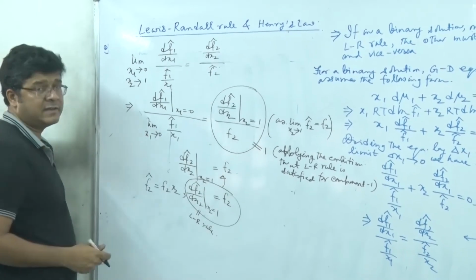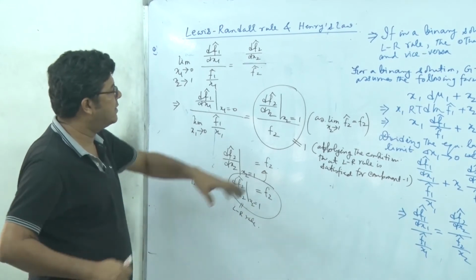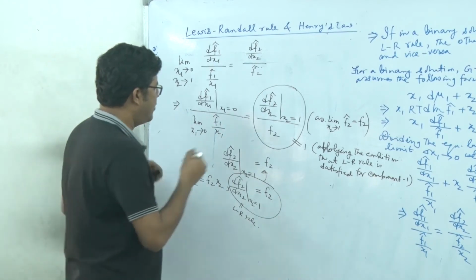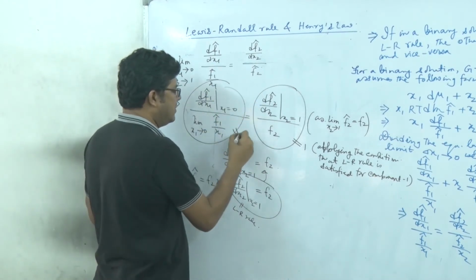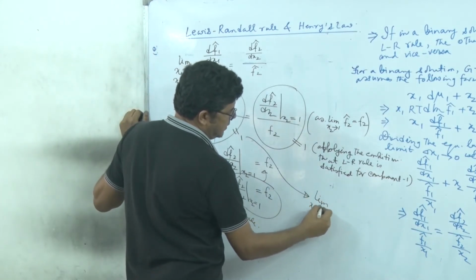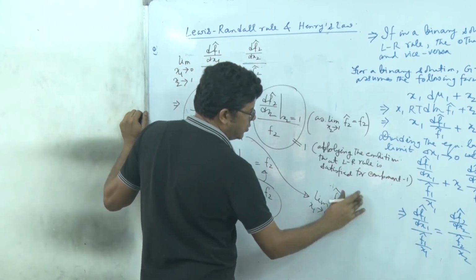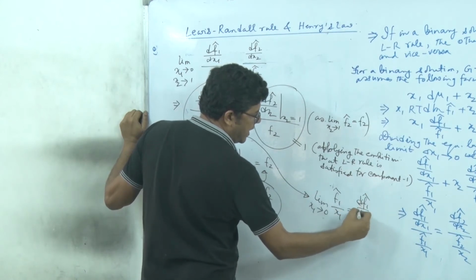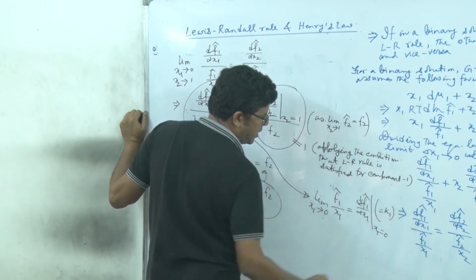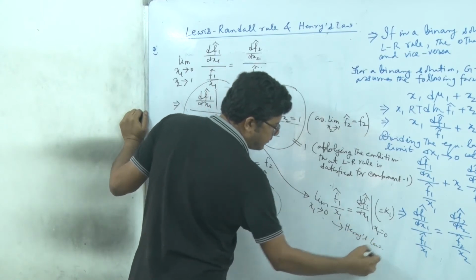So if the RHS is equal to 1, which alternatively indicates that component 2 is satisfying this LR rule, so obviously component 1, this will also be equal to 1. And what does it mean? It means that limit x1 tending to 0 f1 cap by x1 is equal to df1 cap by dx1 at x1 equal to 0, and by definition this is equal to k1, and that's nothing but Henry's law, right?